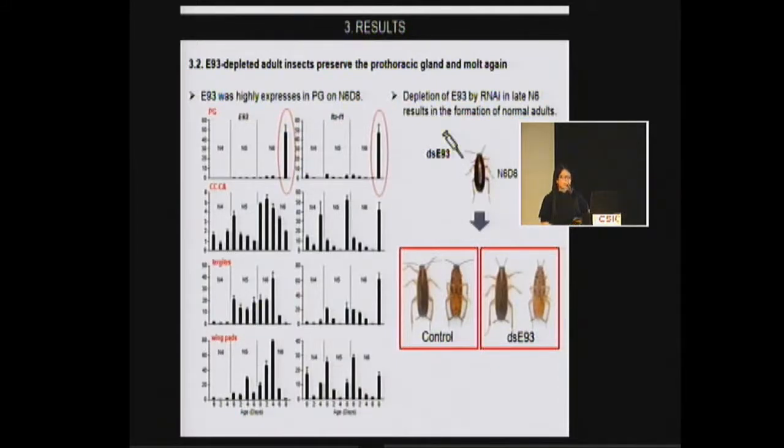So the result that we got after that: first, we found that the nymph can molt to a normal adult, with more or less the normal shape compared with the control, and they preserve the prothoracic gland.